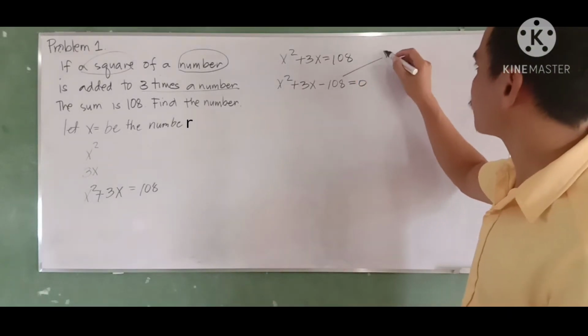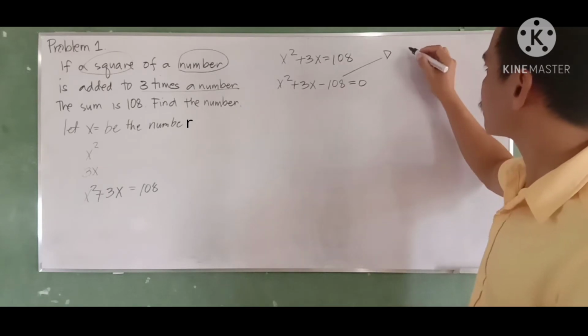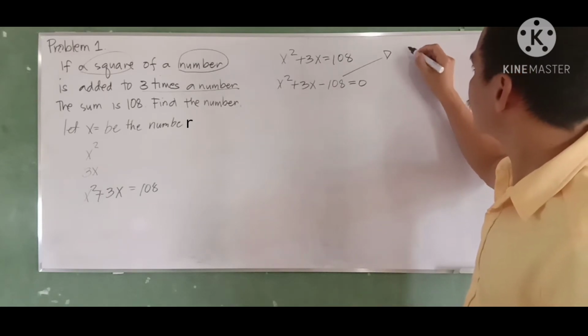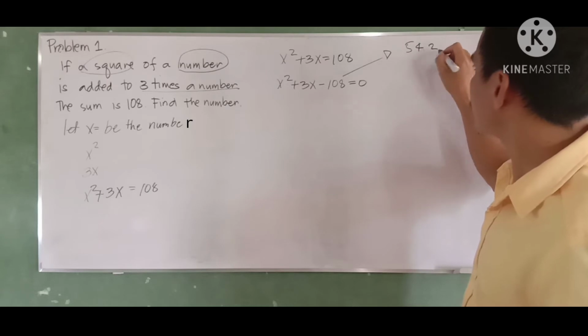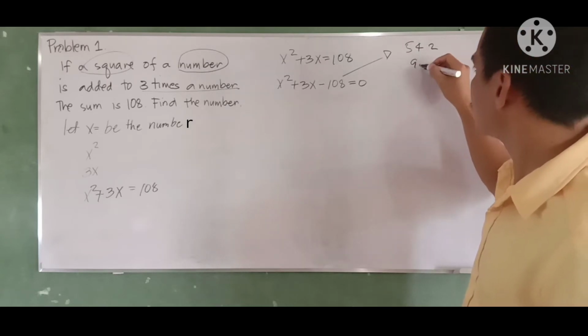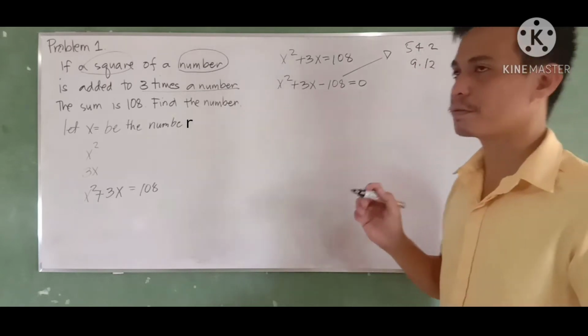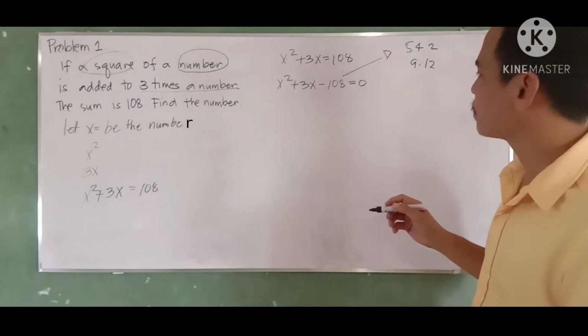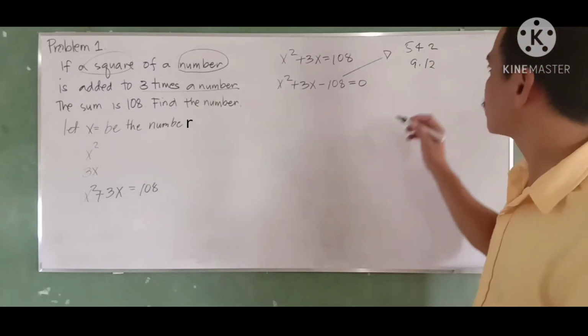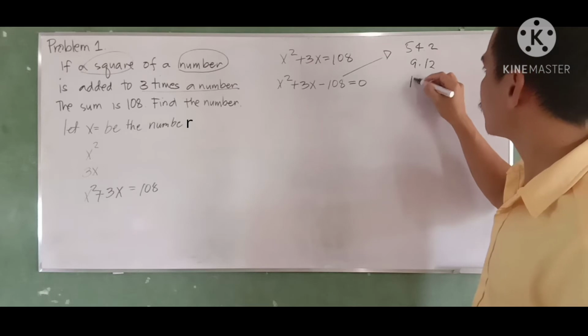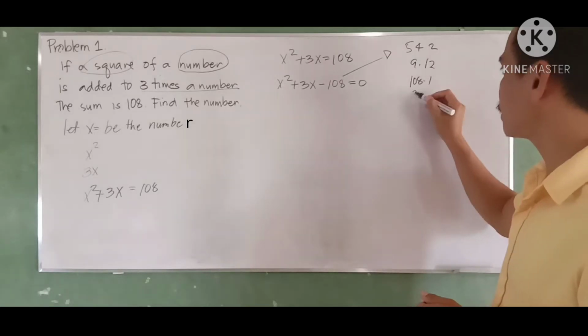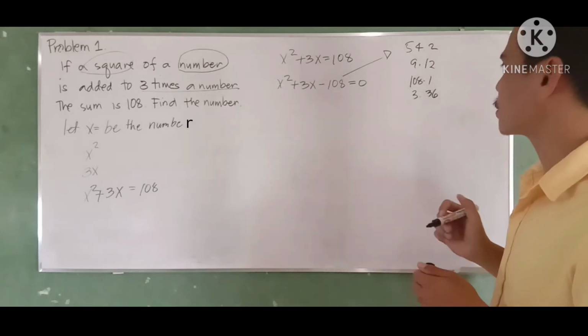So let's try to find factors of 108. So factors are 54 and 2, 9 and 12. Meron ba guys? 108 and 1. And 3 and 36.